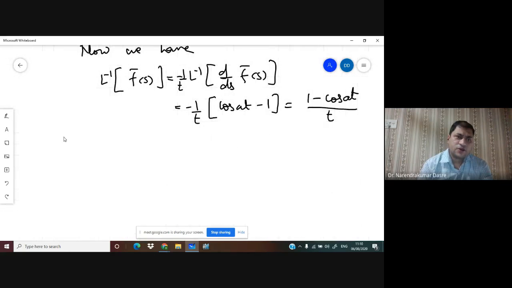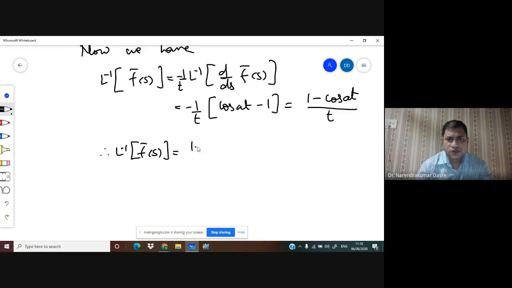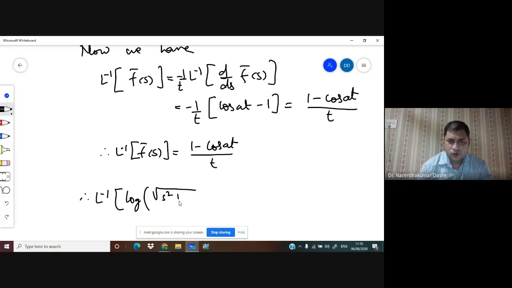So here we get the inverse Laplace transform of f bar of s is equal to 1 minus cos of at by t, and hence we have Laplace inverse of log of root of s square plus a square upon s is equal to 1 minus cos of at upon t.